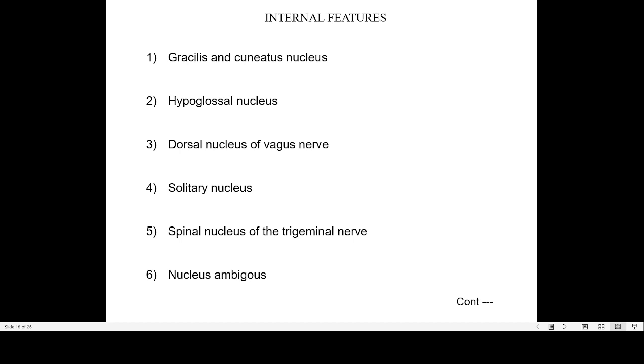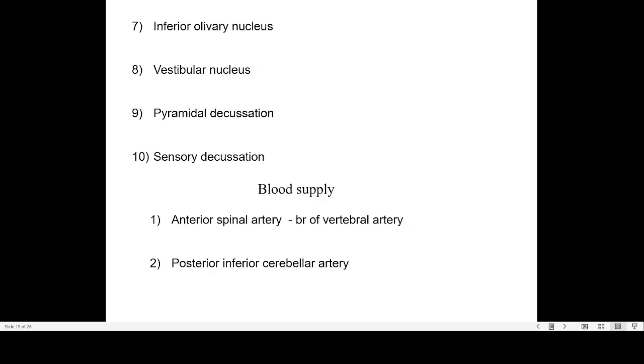Now the internal features, as already known: the gracile tubercle and cuneate tubercle, which are nuclei, then the hypoglossal nucleus, the dorsal nucleus of the vagus nerve, the solitary nucleus, the spinal nucleus of the trigeminal nerve, the nucleus ambiguus, the inferior salivary nucleus, the vestibular nucleus, the pyramidal decussation and the sensory decussation.